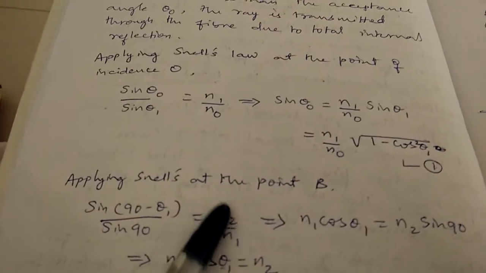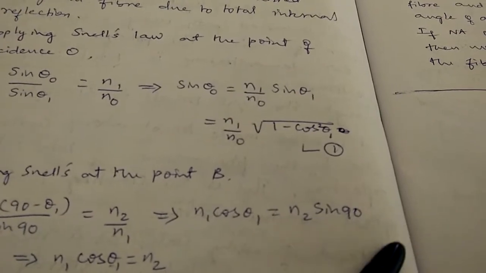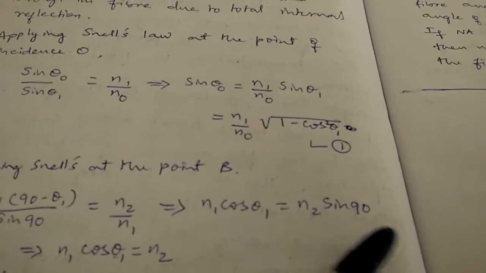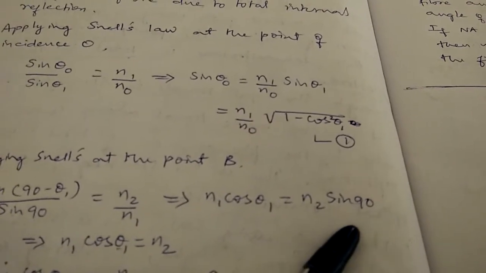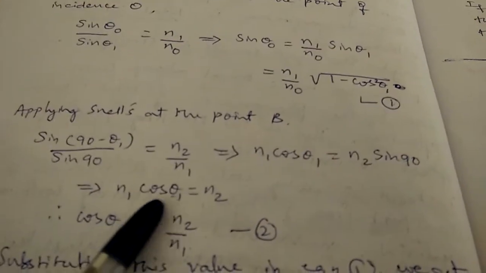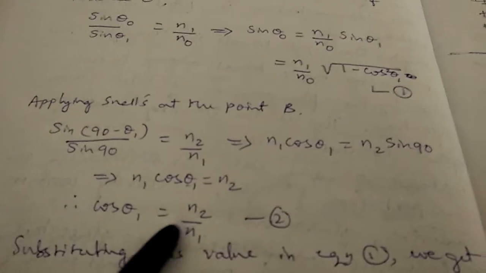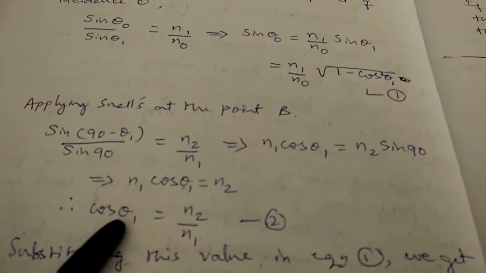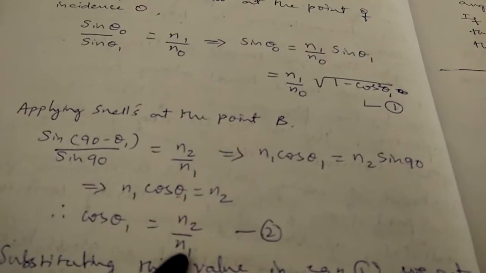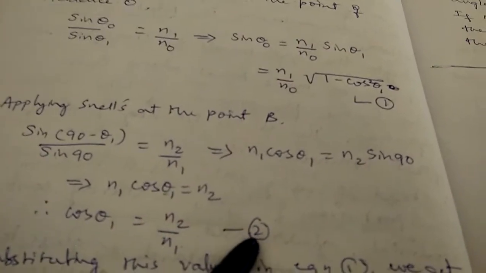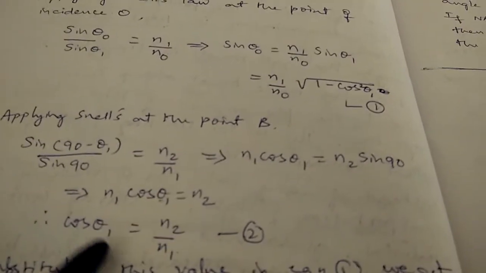So you can write n2 by n1. By cross multiplication, n1 cos theta 1 is equal to n2 sin 90, and you know that sin 90 is 1. So we get n1 cos theta 1 equal to n2, and the value of cos theta 1 is n2 by n1.